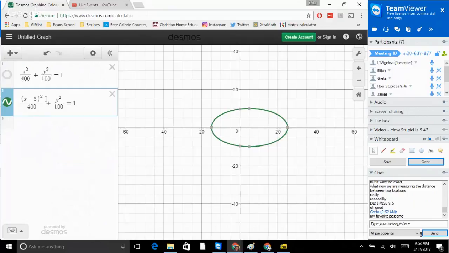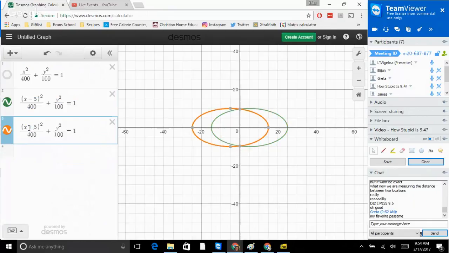And if I wanted another ellipse, let's say I'm making some art with Desmos, I could play with shifting my ellipse across the x-axis.